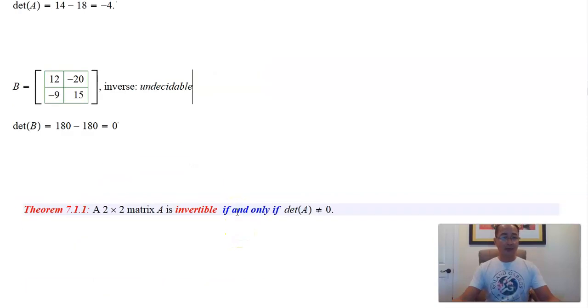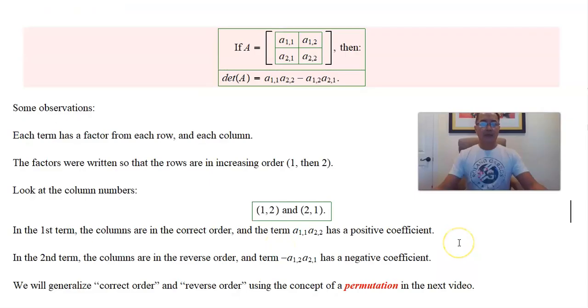All right. So we just said that a 2x2 matrix is invertible if and only if the determinant is not 0, as we saw in our formula for the inverse of a 2x2 matrix. So before we see the formula for a 3x3 matrix, let's rewrite the formula for a 2x2 using row and column notation.